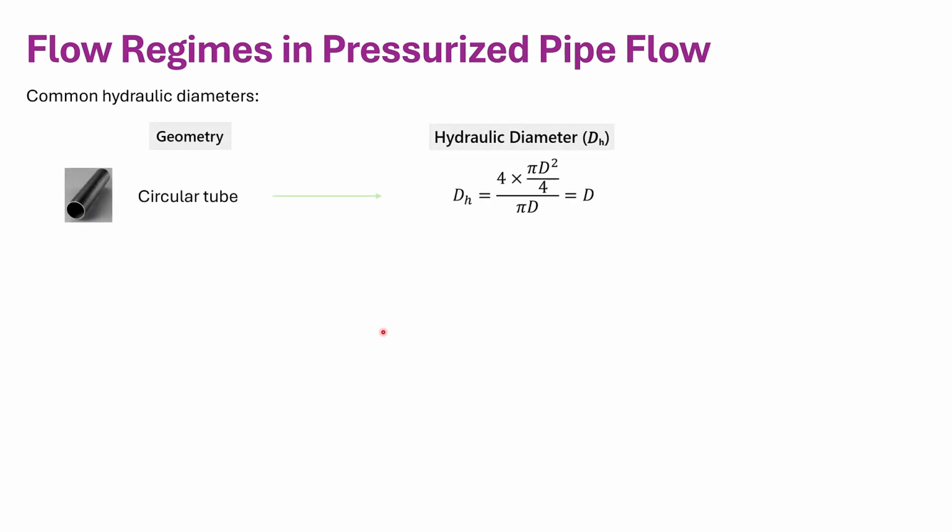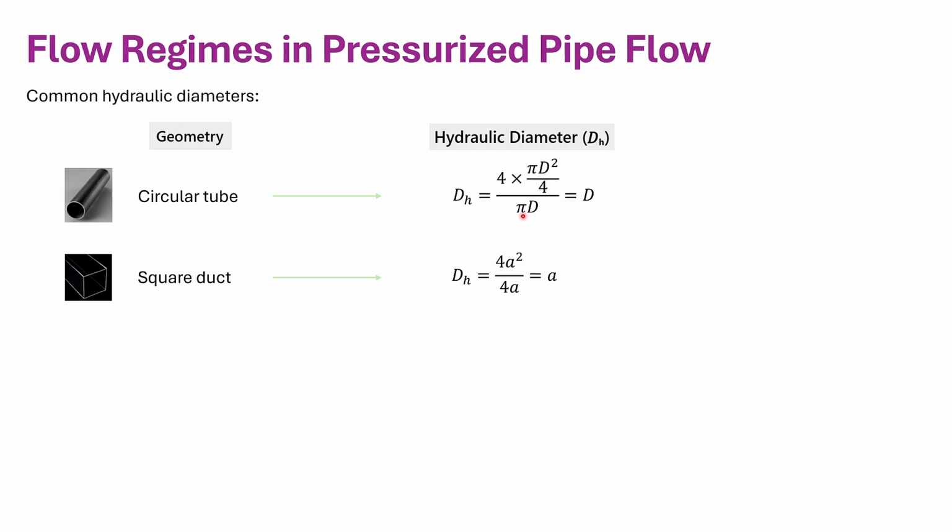Let's look at some common hydraulic diameters. So if the geometry is a circular tube or pipe, d sub h is 4 times a divided by p, in which here we have 4 times pi d squared over 4 divided by the wetted perimeter, which is pi times d.